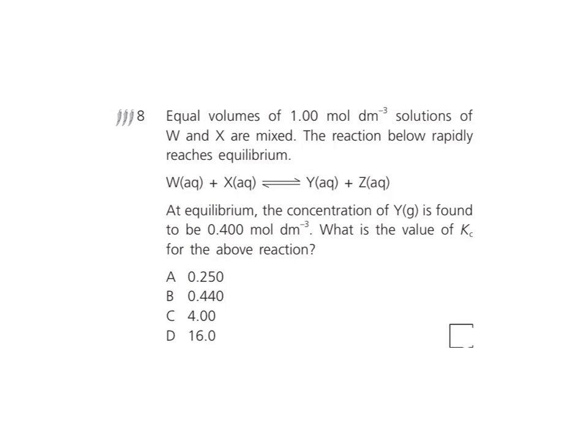Equal volumes of 1 mole per liter solutions of W and X are mixed. The reaction below reaches equilibrium quickly, and at equilibrium the concentration of Y is 0.4. What's the value of Kc? I bet this is a question where a lot of you felt you understood what you were doing, but perhaps made a silly mistake, and that's why it's a 3-pepper question, one where students will overlook something.